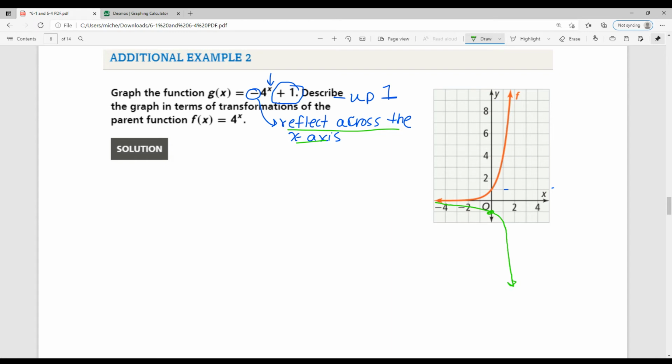Okay. Then I'm going to shift everything up 1. So then this is going to move up 1. The x-intercept was here. Everything shifts up 1. And so that's what we will do.